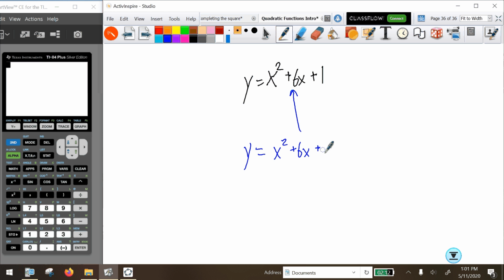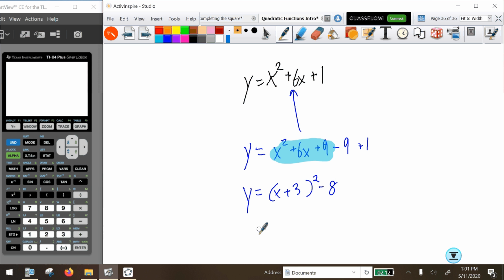So I have to add 9 and subtract 9. And then I created this part, which is the perfect square trinomial. And then I factor that using the technique that we learned last week, factoring special case perfect square trinomials. So it would be x plus 3 squared. And negative 9 plus 1 is negative 8.